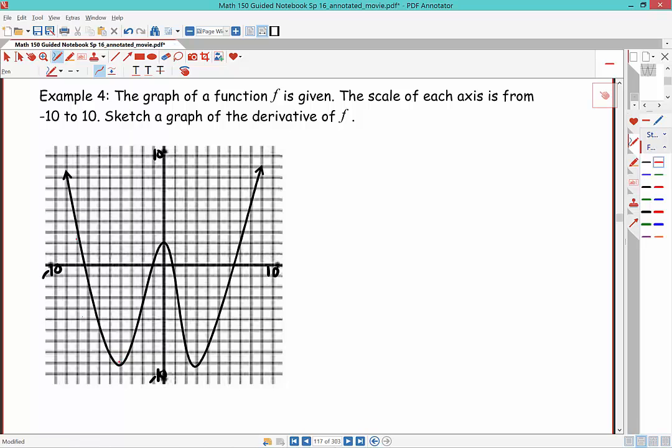You know that wherever you have a point of relative extremum on the original function, you're going to have an output of 0 on the derivative function. So that's usually my first step. I plot those because these are points where there's a relative extremum.